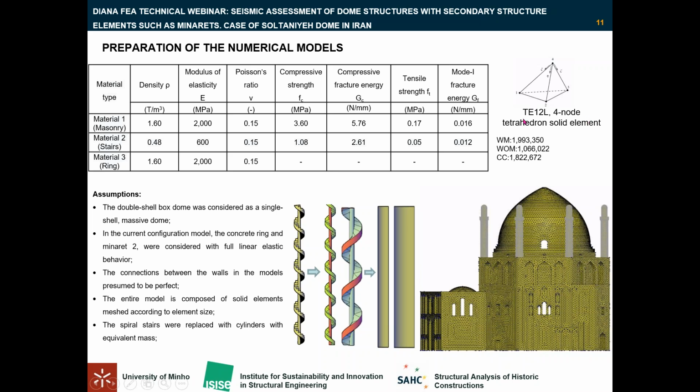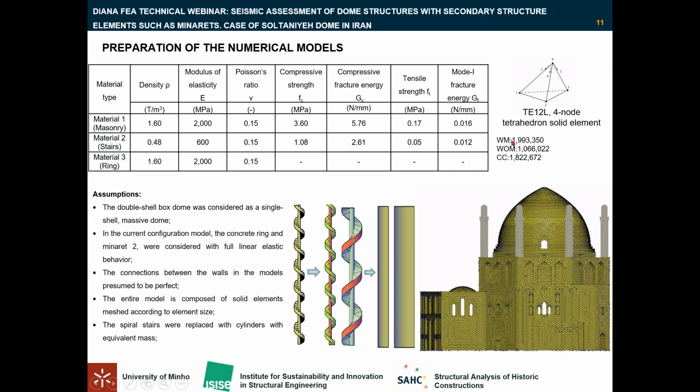For the element type, element TE12L, which is a 4-node tetrahedron solid element, was selected. The element size varies from 15 centimeters for minarets to 50 centimeters for the rest of the structure. And here you can see the finite element model with mesh in Diana.